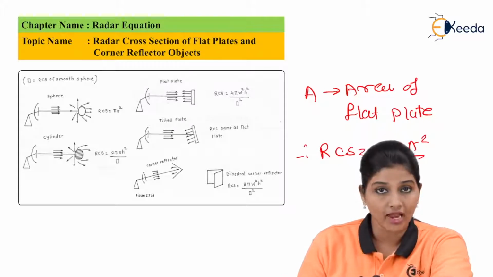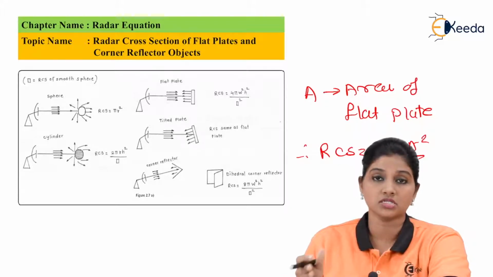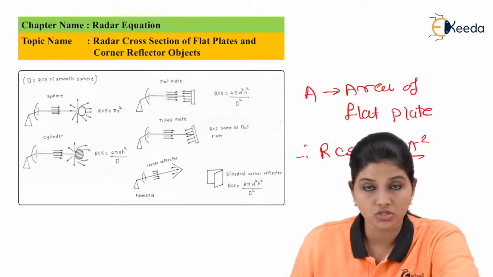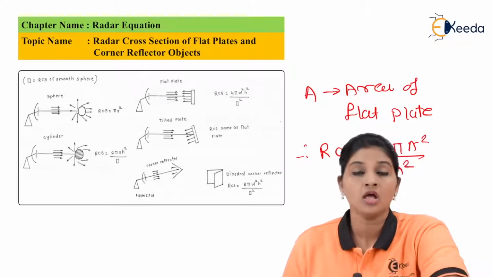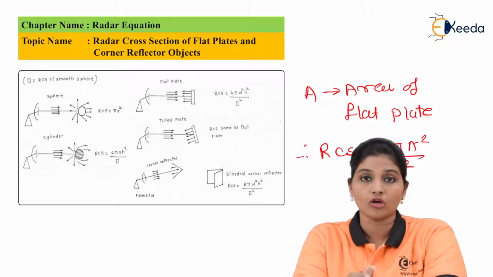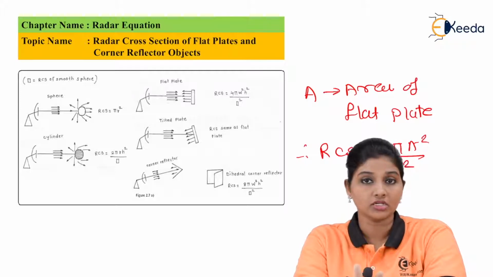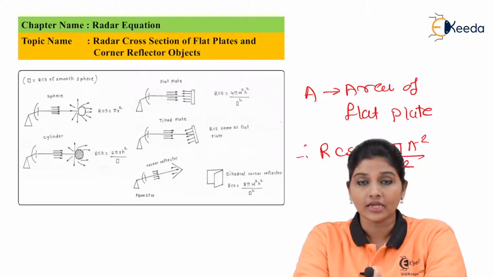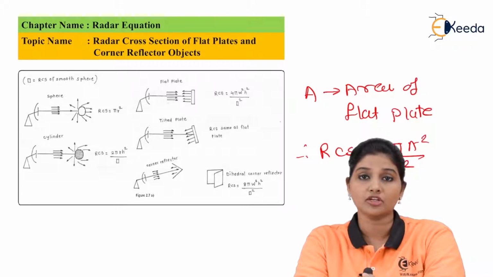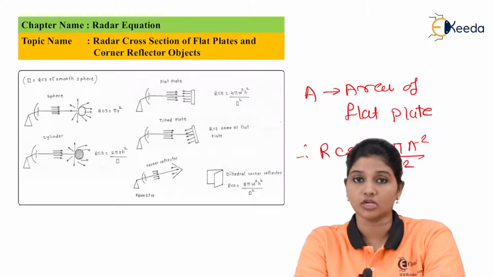The RCS for flat plate is also expressed in terms of 4 pi omega square h square upon pi square. Now, when the incidence angle, or when the value of theta gets deflected from 90 degree, then the RCS value also gets changed, and because of that the magnitude of the backscattered signal also gets changed.